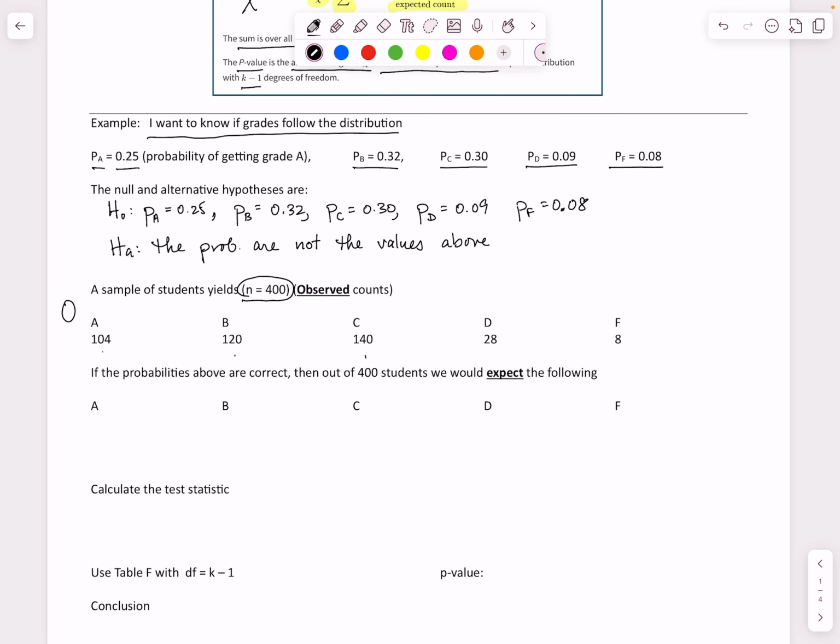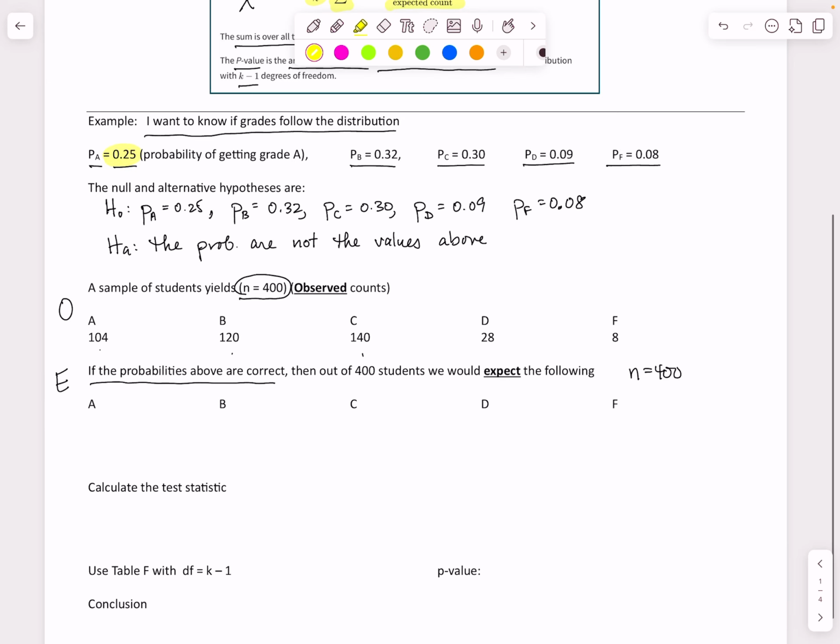Now, if the probabilities are correct, this is what we would expect. I'm going to use the letter E. Since n is 400, and the probability of getting an A is 0.25, I would expect 25% of that 400, so 400 times 0.25, which is 100.